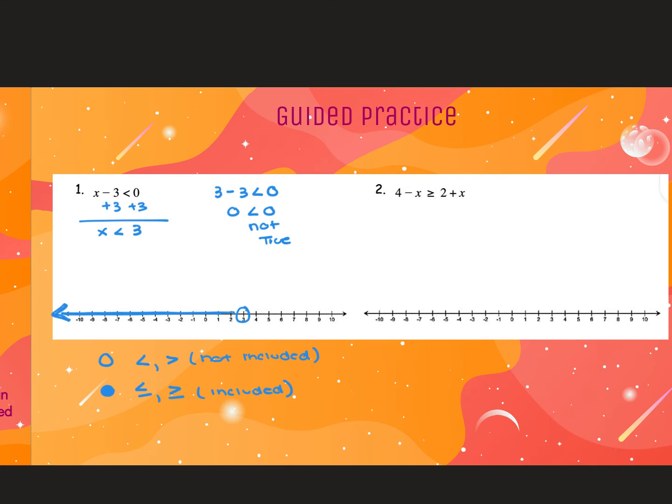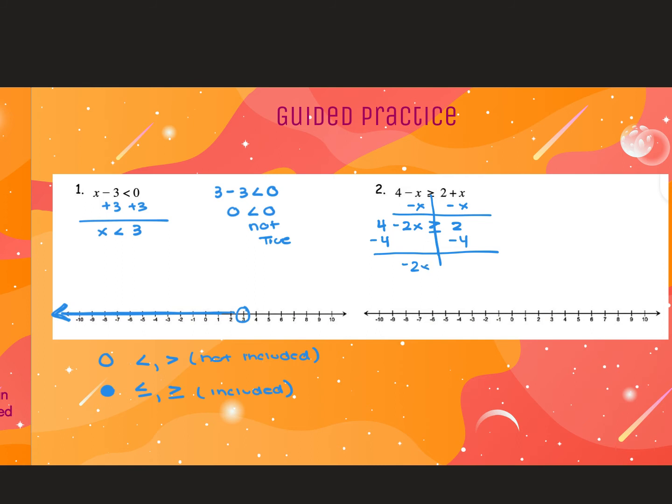All right, next we have 4 minus x is greater than or equal to 2 plus x. So again, I'm going to move my variable to one side. Just like with the equations, it does not matter which side you move it to. So I get 4 minus 2x is greater than or equal to 2. I'm going to subtract 4 on both sides.